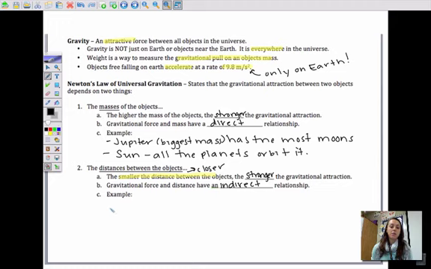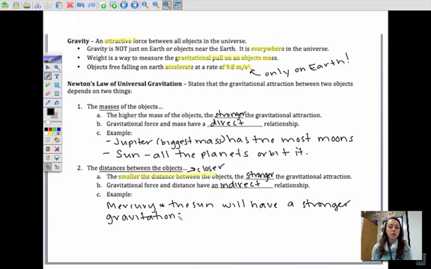And our example for this is that Mercury, which is the first planet closest to the Sun, and the Sun will have a stronger gravitational attraction than Pluto and the Sun, which is the planet farthest away from the Sun.